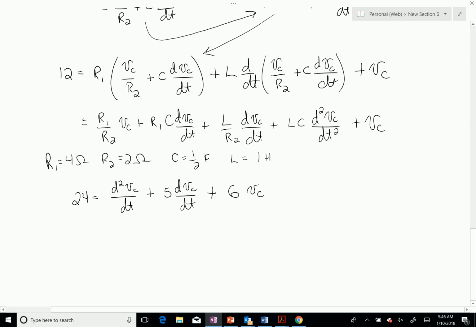That is ultimately what I end up with for this particular equation.